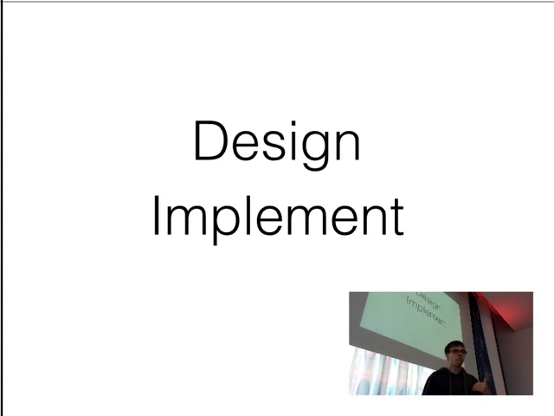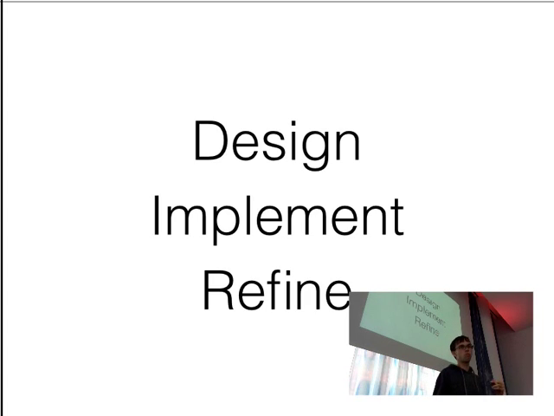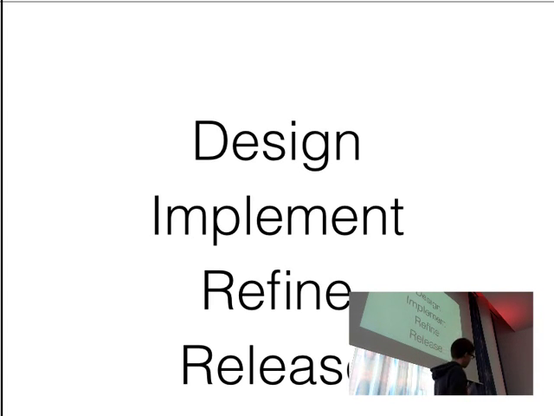Afterwards, we have the actual implementation, and then we have a lot of ping pong with our customers, figuring out details, figuring out what works, what doesn't work, and at some point we have a release. Of course, these phases can interleave, or we can jump back to a previous phase as well.